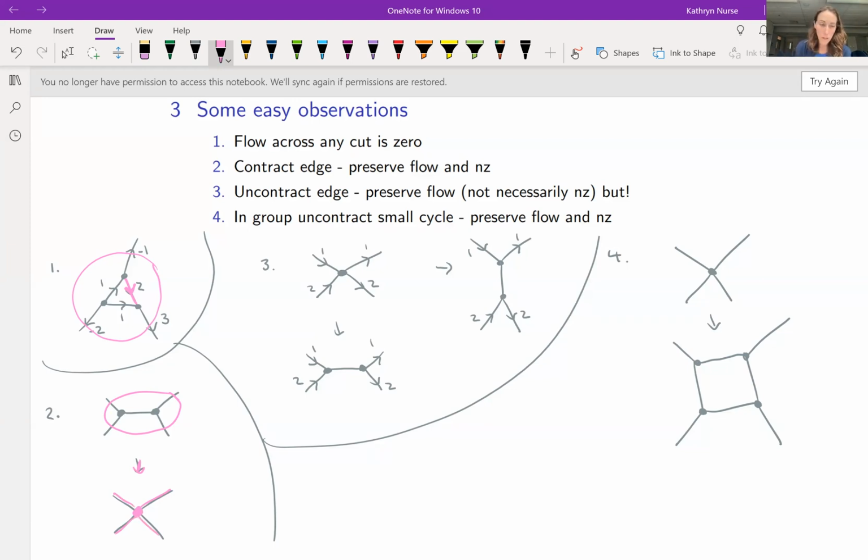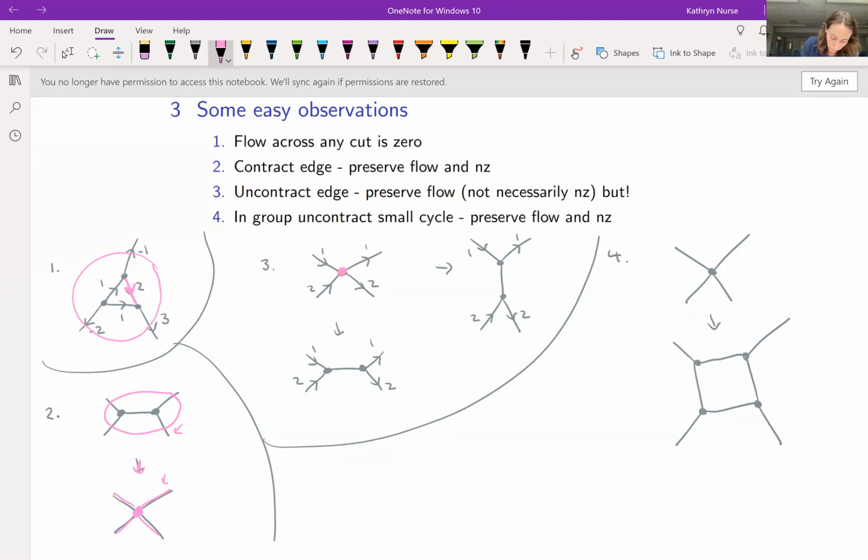The total sum across any edge cut is 0, so you can contract an edge and preserve that it's a flow. Also, if it was nowhere 0 up here, then it's the same value down here. The third one is that you can uncontract an edge, and this just makes your problem harder. You preserve the property of having a flow, but you don't necessarily preserve that it's nowhere 0.